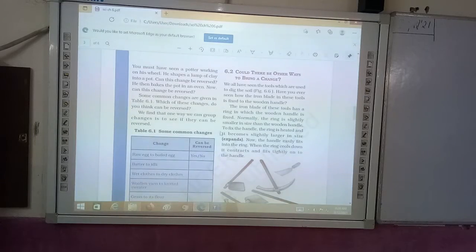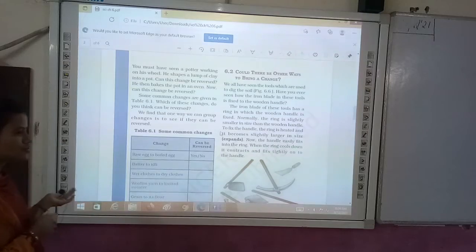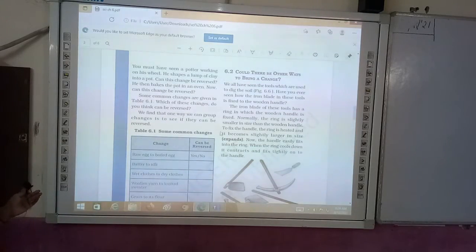So when he shapes a lump of clay into a pot, he can change its shape. ठीक है? lump of clay को जो clay use कर रहा है, तो clay को pot में change कर रहा है, तो pot को फिर से बिगाड़ के फिर से नया pot बना लेगा. ठीक है? अगर उसका shape बिगड़ जाएगा तो क्या करेगा? फिर से उसको क्या करेगा? वो आपको clay में change कर देगा और फिर से उसका नया pot बनाएगा.